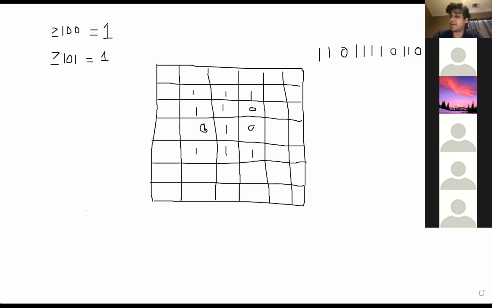So let's think about what will contribute to the answer. We know that anything that has a 0 in it won't contribute. So this stretch will contribute, this stretch will contribute, this will contribute, and so on. Any segment that crosses any of these will not contribute to the answer. We don't have to consider them.